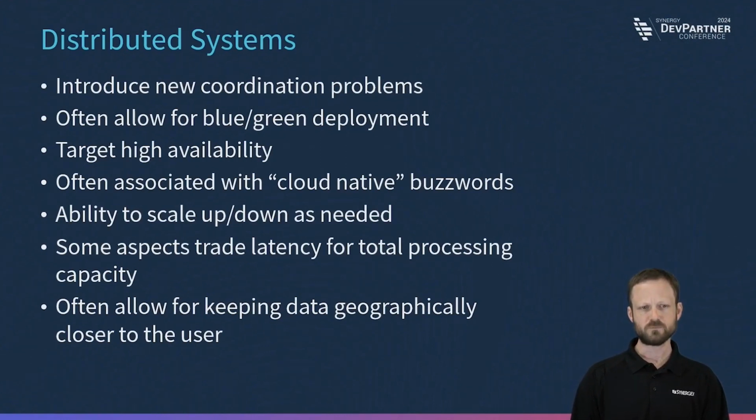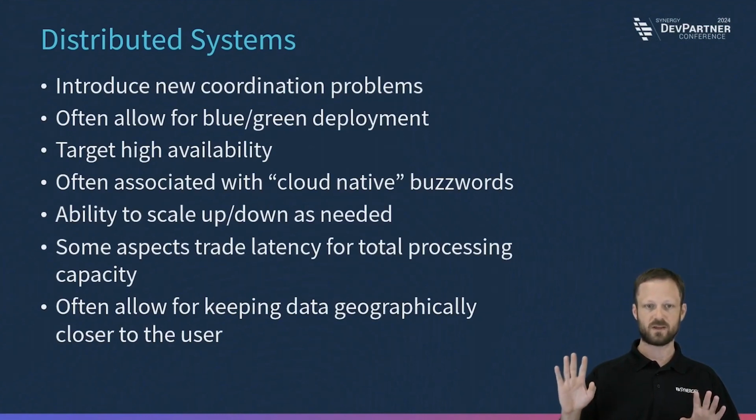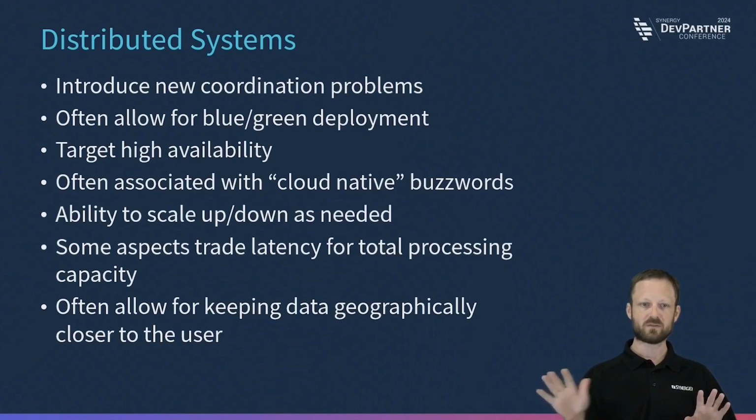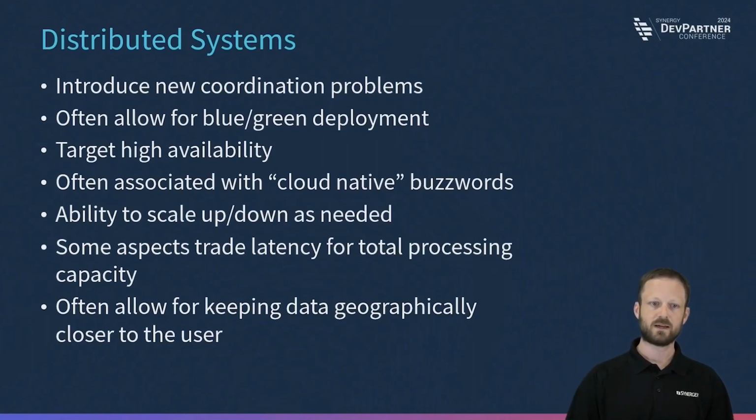One of the really, really nice things that distributed systems often enable is what's called blue-green deployment. I can deploy two versions of my software. I can have the old version, and I can have a new version that's running, and I can be testing in production and say, yes, this new deployment is good, before I move everyone over onto the same deployment.